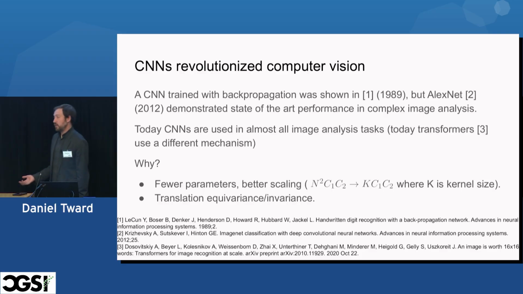And that's independent of the size of the image. So these types of scaling laws are one reason why they became so widely used. But I think the key reason is really this translation equivariance, which is that when we look for features in the image, in order to make some kind of a diagnosis, it doesn't matter where those features are. We find them anywhere. We look for relationships in between them. But their position in the image doesn't really matter.